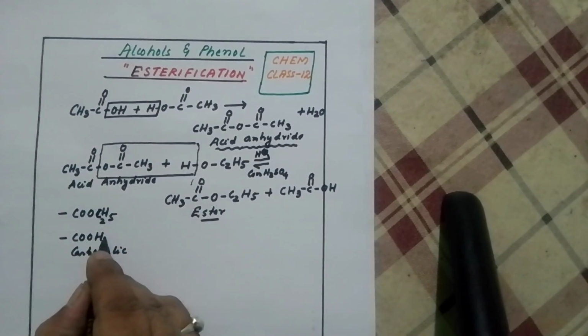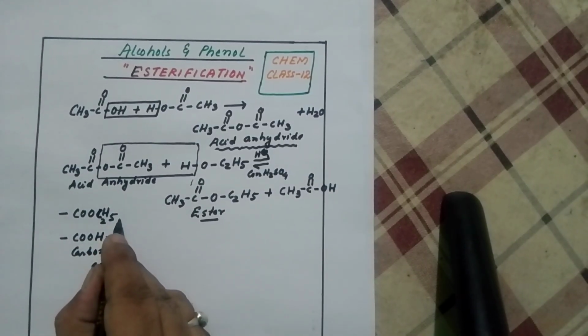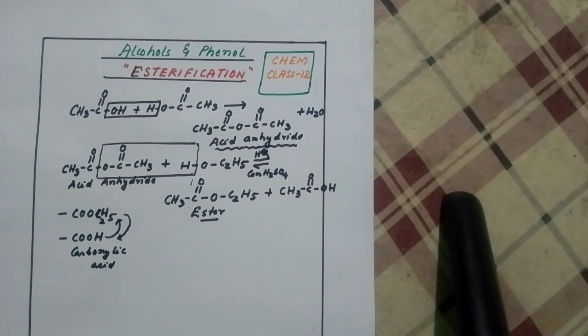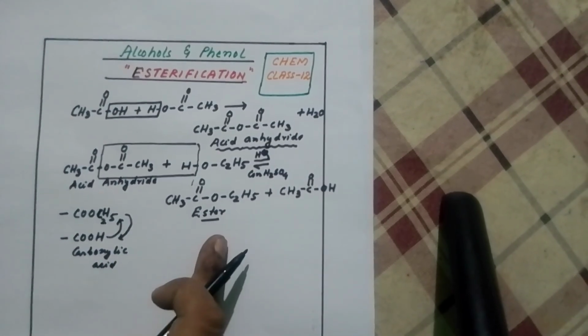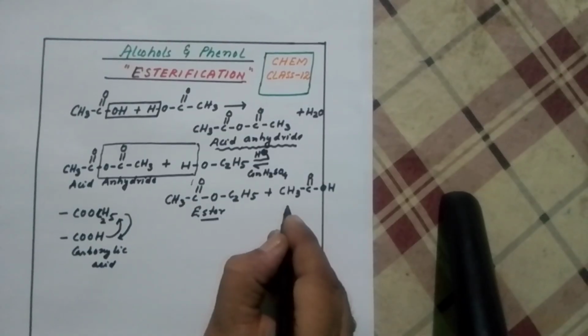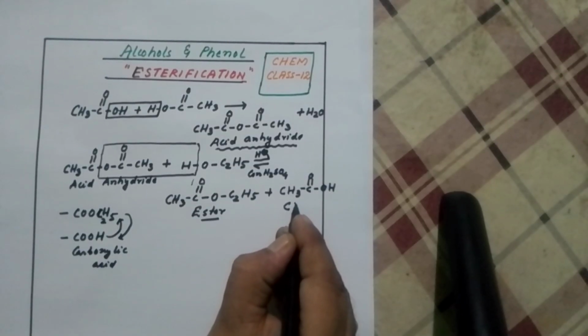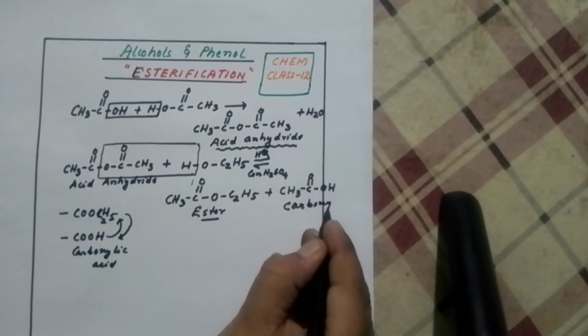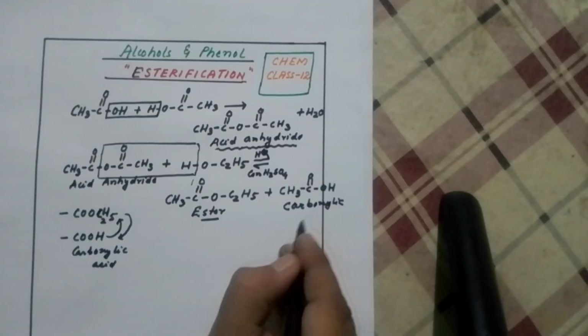You just replace the hydrogen with this one, C2H5 or CH3. Then you will get the ester, and this one is nothing but the carboxylic compound, no? So what is this carboxylic compound? Carboxylic acid.